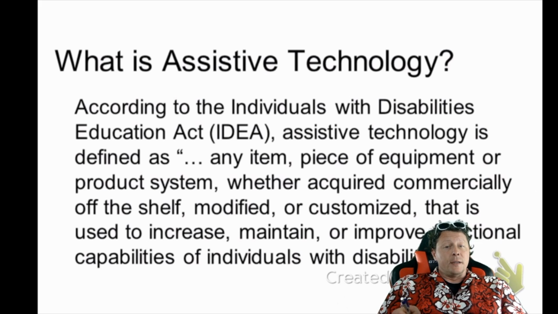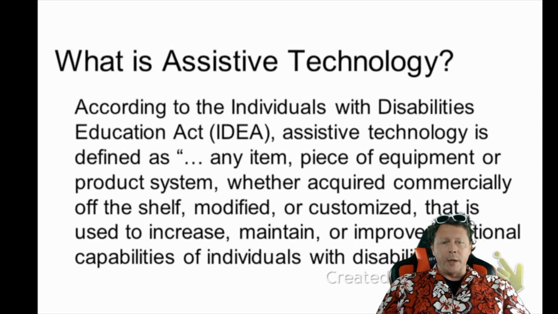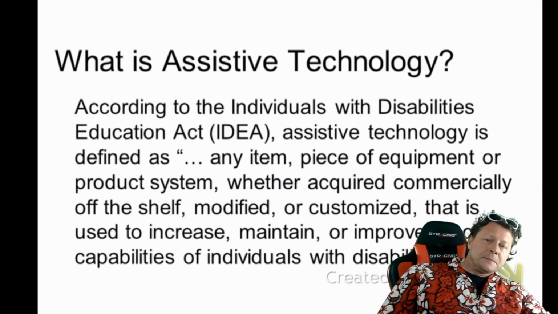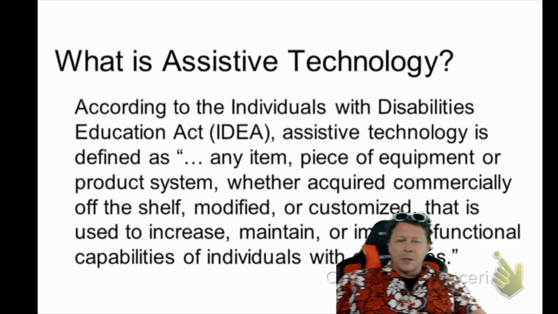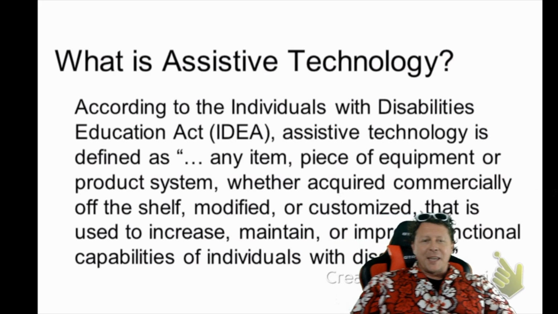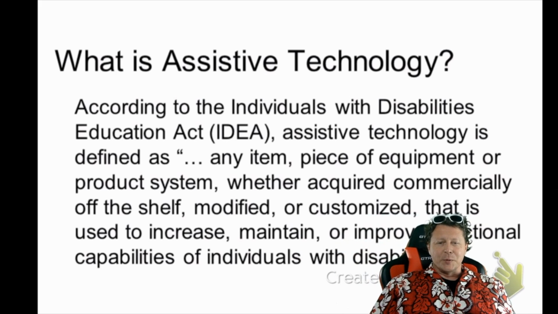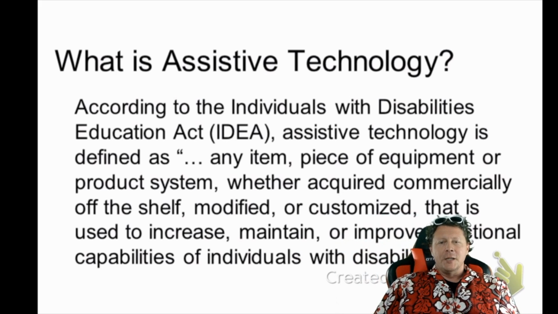That covers a lot of things, doesn't it? That is used to increase, maintain, or improve functional capabilities of individuals with disabilities. All right? So you can see there, that's really going to cover a lot of things, right?